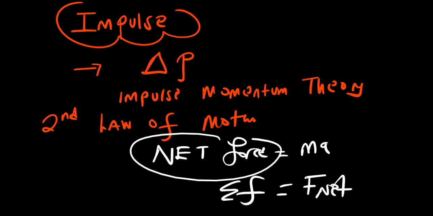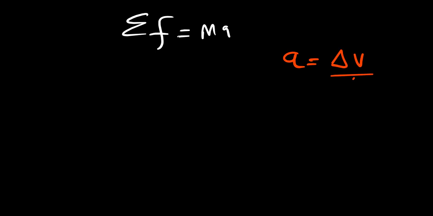Now, to continue on this aspect, we are saying the summation of all the forces should be equal to ma. If you remember from acceleration, we used to say that acceleration is equal to the change in velocity over time.